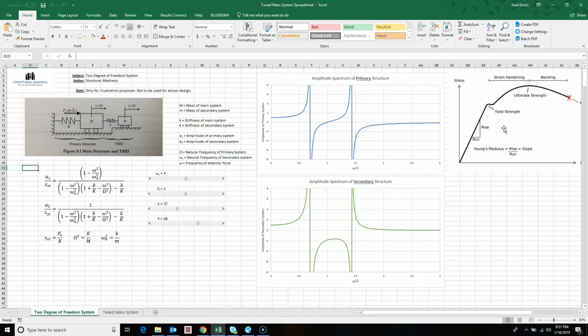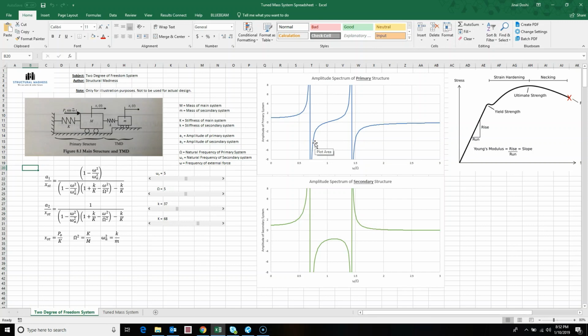Now, there is an ingenious way to reduce these loads: taking advantage of this secondary system and tuning it. This word tuning is very important. Tuning it so that the response or the amplitude of the primary structure reduces close to zero.